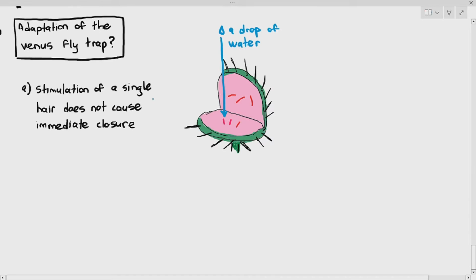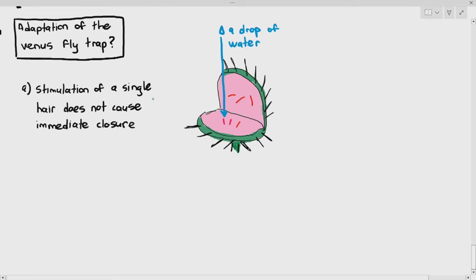Okay, so if a drop of water or a debris or a dead leaf just drops on the Venus flytrap and it stimulates 1 hair, the Venus flytrap will not immediately close because it doesn't have eyes. So in this case here, this is the adaptation to just make sure that accidental stimulation of 1 hair will not cause it to waste energy to close.